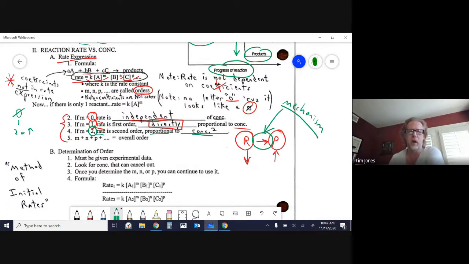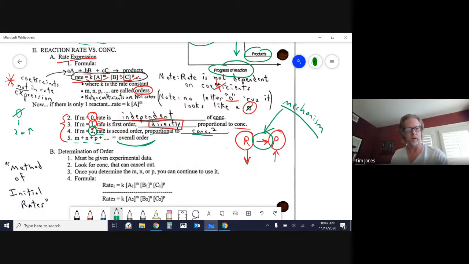But for now, I'm just going to either tell you what the order is, or we're going to solve for it experimentally. Now, sometimes you'll be asked for the overall order of a reaction. That just means to add up every order of every reactant. And it just kind of gives you an idea of how sensitive the reaction is to concentration changes overall.